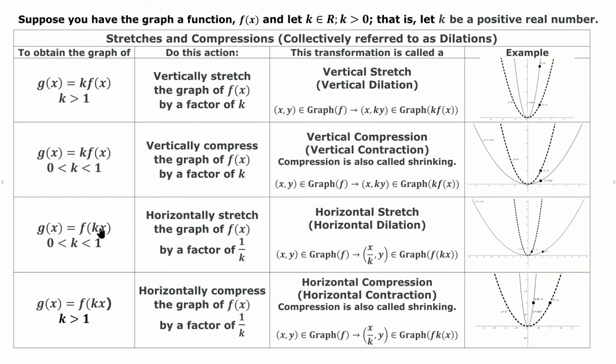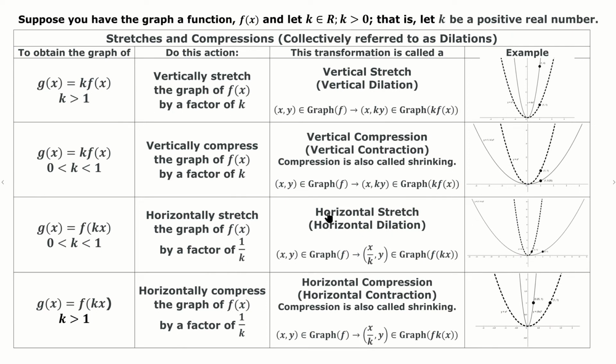Now, if we take the original function and multiply by k at the input level, and k is between 0 and 1, like for example f of 1/2 x, etc., then what's going to happen is you're going to horizontally stretch f of x by a factor of 1 over k.